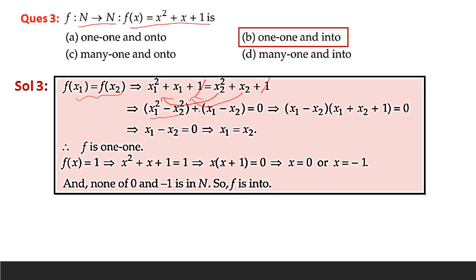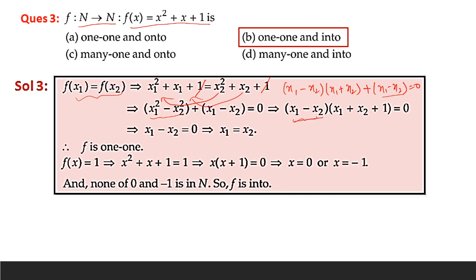Now in this first term, what can we do? We can use the property (x1 minus x2)(x1 plus x2). And the second term will be as it is, x1 minus x2 is equal to 0. Now x1 minus x2 is common from both the terms, and here we are left with (x1 plus x2 plus 1). Right?